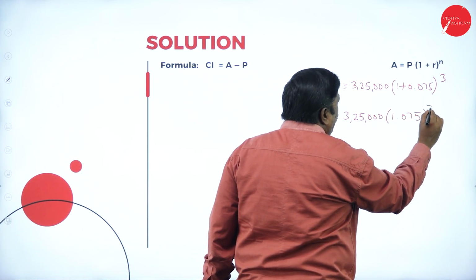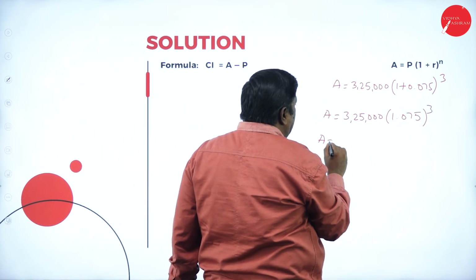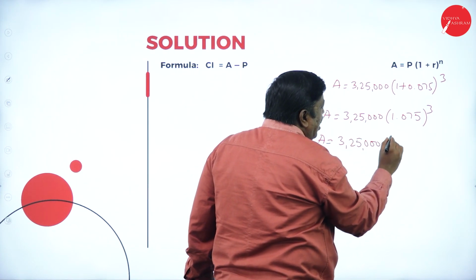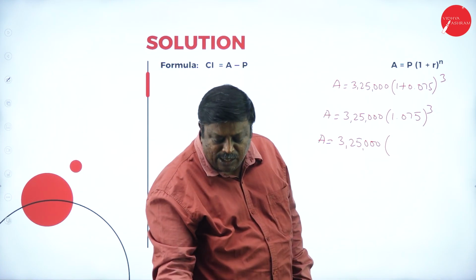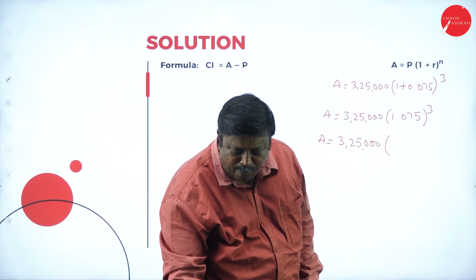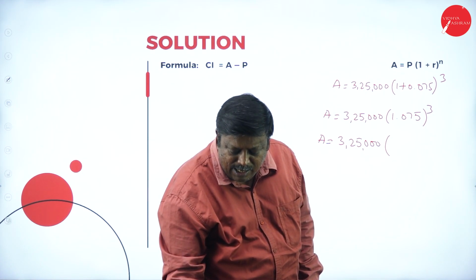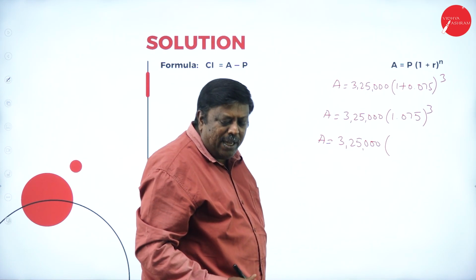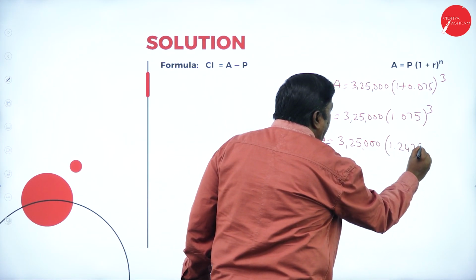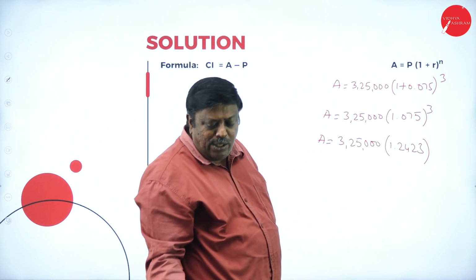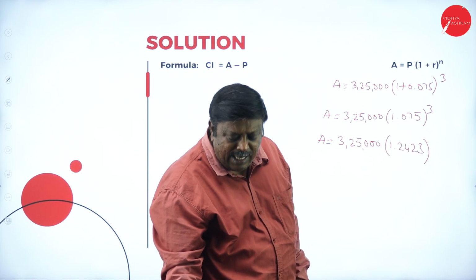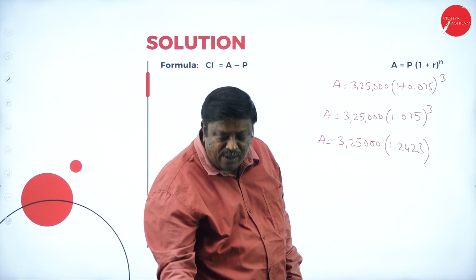A equals 3 lakh 25,000 into 1.075 to the power of 3, which is 1.075 into 1.075 into 1.075. So it will be 1.2423 into 3 lakh 25,000.